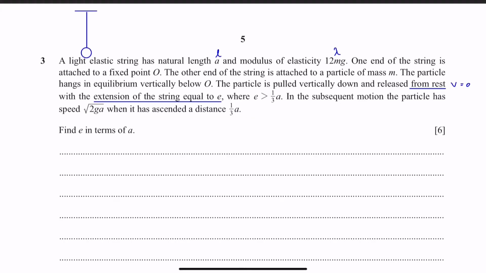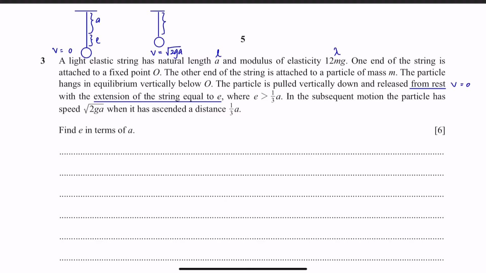So the particle hangs like this. When it's pulled down, this is v equals 0 when it's pulled down, and the extension is equal to e. So we have the natural length a and the extension e. And in the subsequent motion, the particle has speed equal to sub2 when it has ascended a distance of 1/3 a.